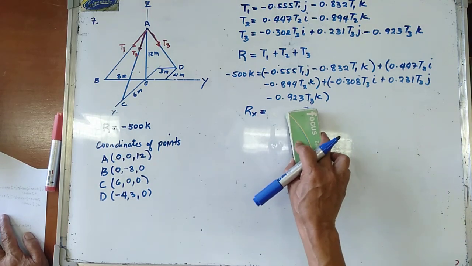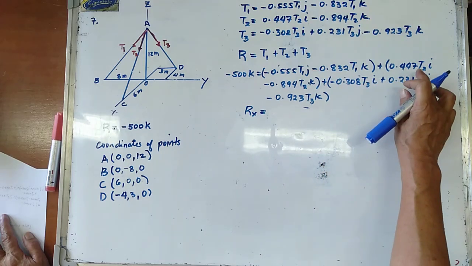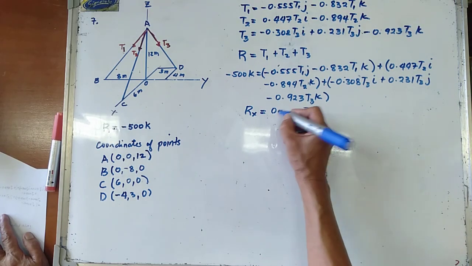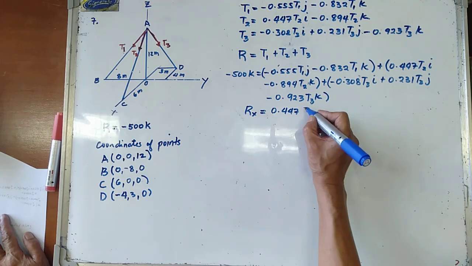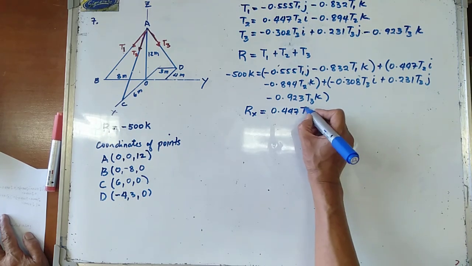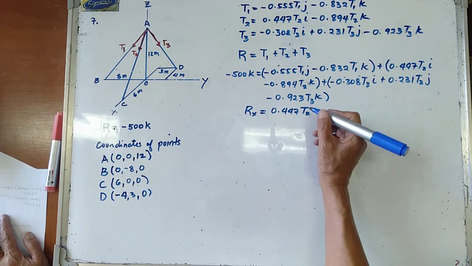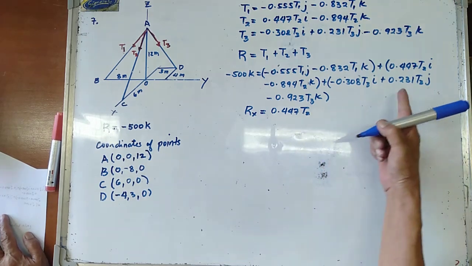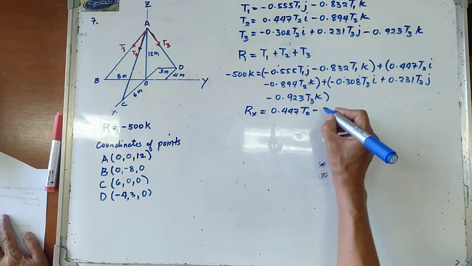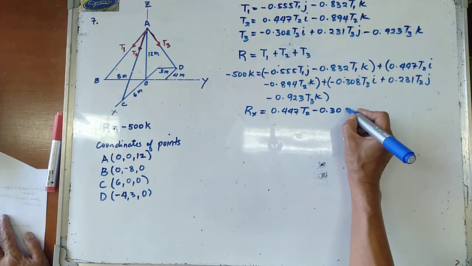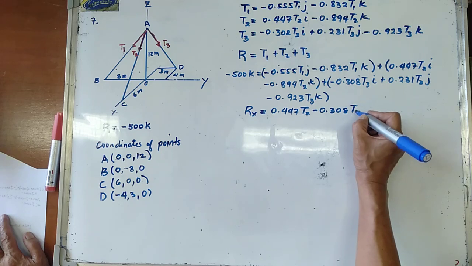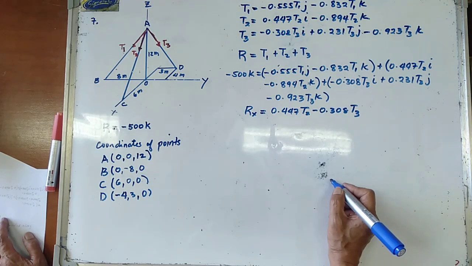So that is equal to, so that is j. So we have i, so that is 0.447 T sub 2. That is now T sub 2. And then i minus 0.308 T sub 3.